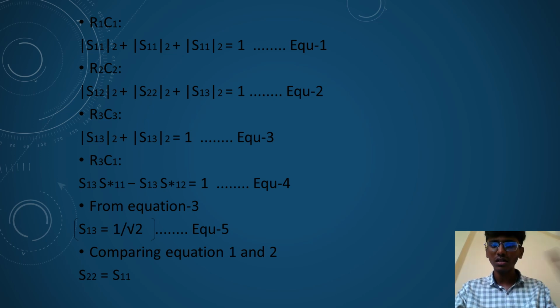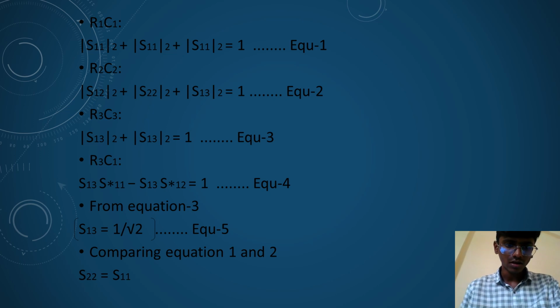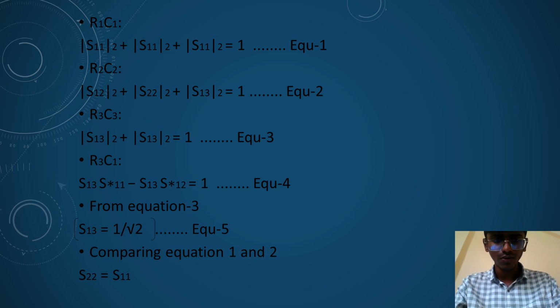Consider this as equation 2. Multiply R3 and C3: S13 square plus S13 square is equal to 1. Consider this as equation 3. R3 and C1: S13 into S star 11 minus S13 into S star 12 is equal to 0. Equation 4. Consider these four equations.